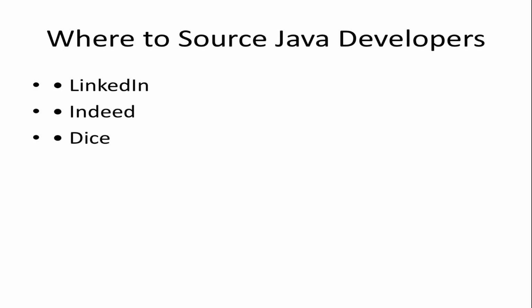Okay, now where to source Java developers? There are multiple job boards like Dice, Indeed, Monster, even LinkedIn is also there nowadays. LinkedIn is strong for passive candidates and detailed work history. Different job boards serve different purposes. Indeed often serves candidates actively applying. Dice tends to attract more technical professionals.